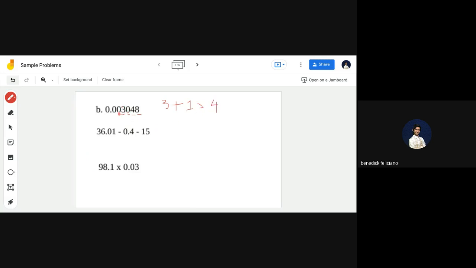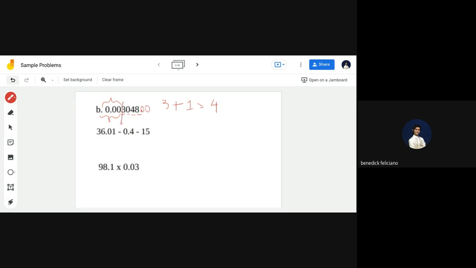Next, if we see zeros before, or on the left hand side of, the leftmost significant figure, they are considered not significant. If there is a decimal within these 4 digits, all zeros after that will be significant.